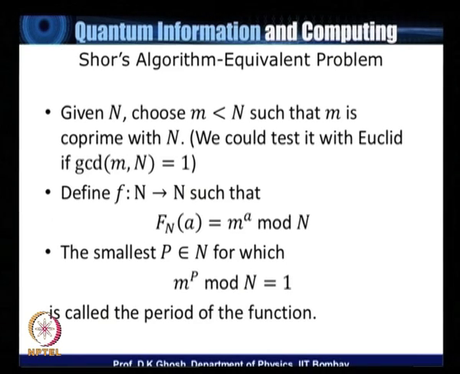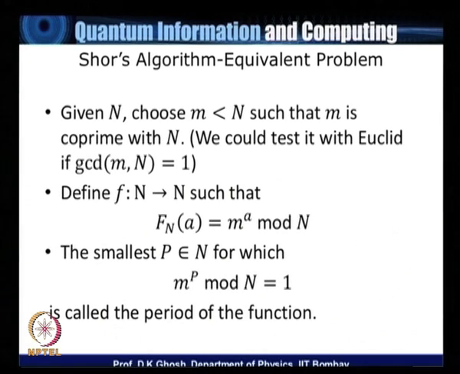So the problem that we stated was the following: we need to solve an auxiliary or equivalent problem, which is having an oracle which can compute what we call the period of a function. So we choose a random value m which is less than the n we are required to factorize, such that m is co-prime with n.